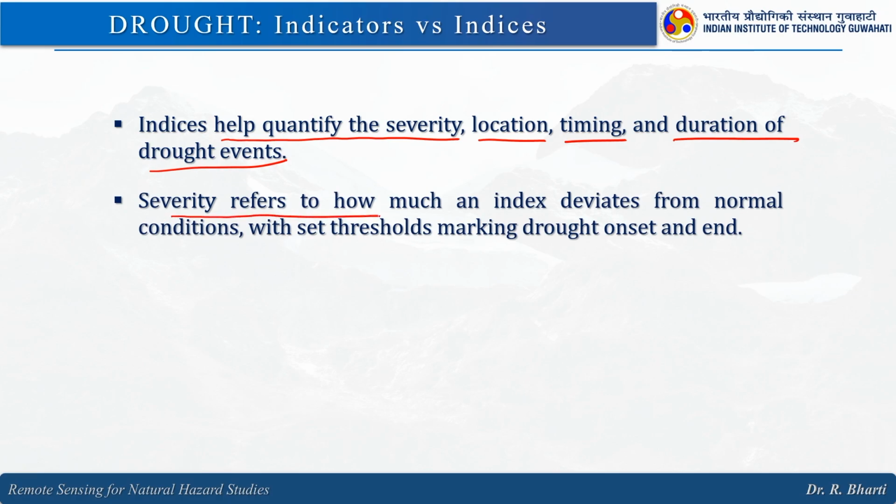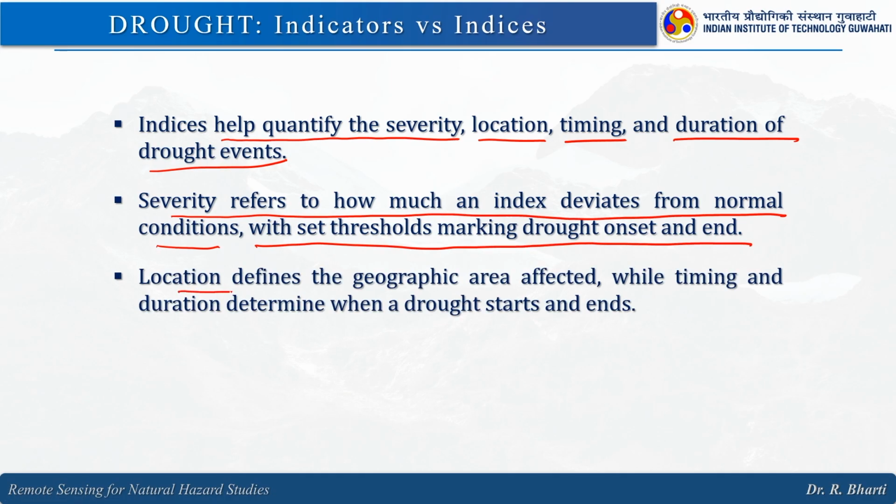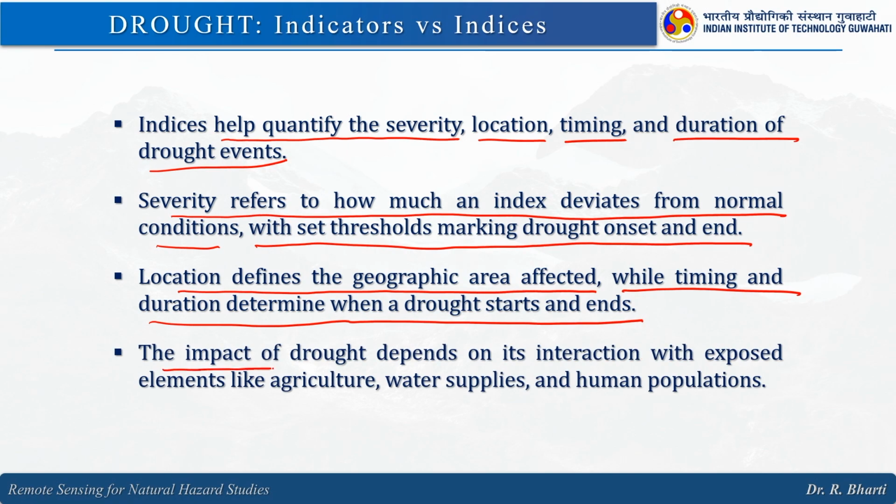Severity refers to how much an index deviates from normal condition, with set thresholds marking drought onset and end. Location defines the geographic area affected, while timing and duration determine when a drought starts and ends. The impact of drought depends on its interaction with exposed elements like agriculture, water supplies and human population.